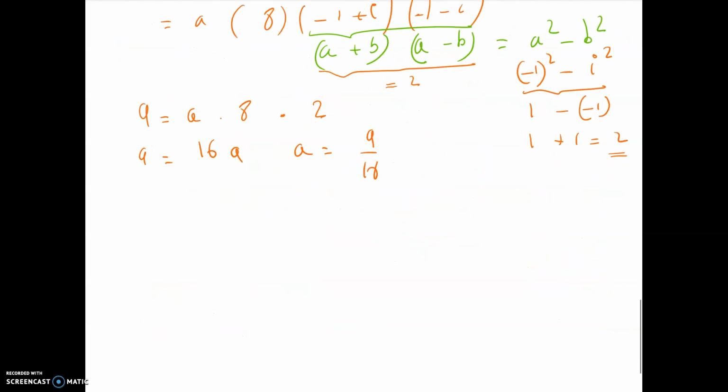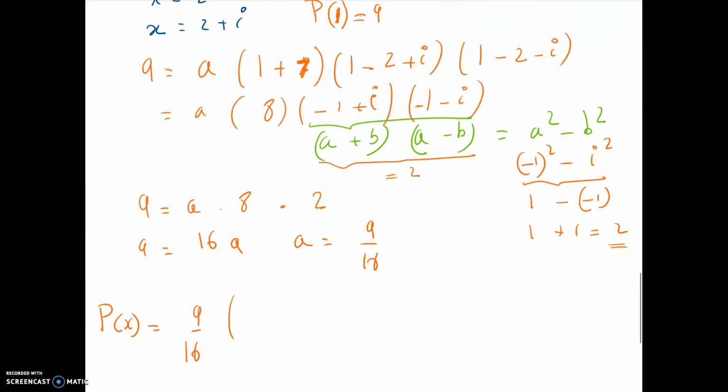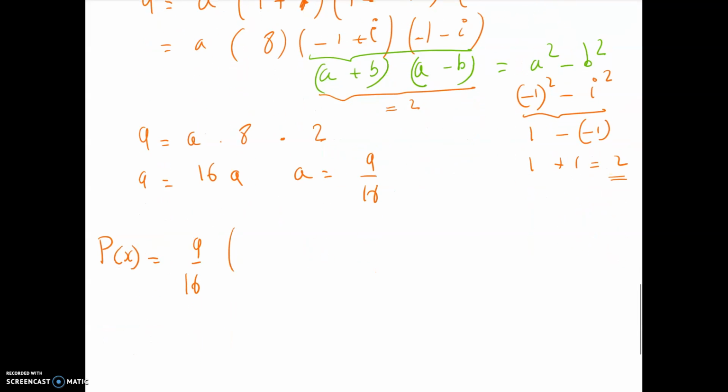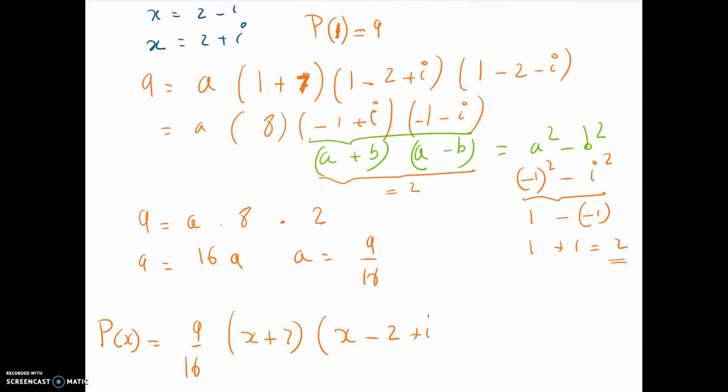And therefore, my polynomial p of x is going to be 9 over 16 times x plus 7 times x minus 2 plus i times x minus 2 minus i.